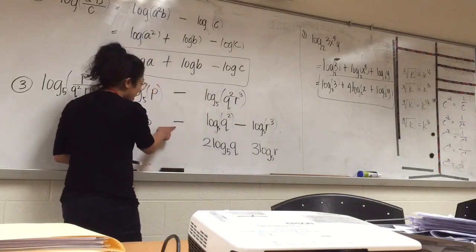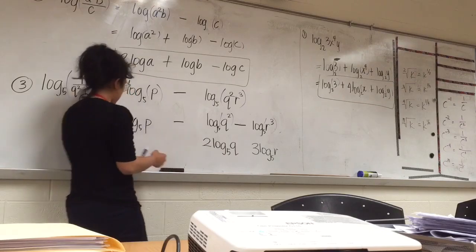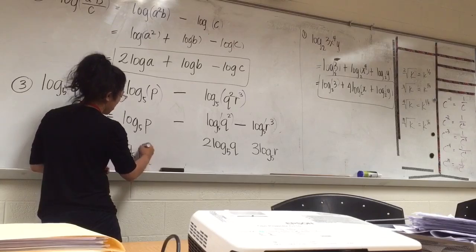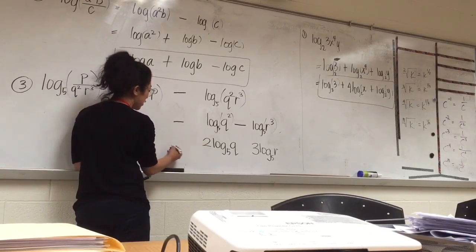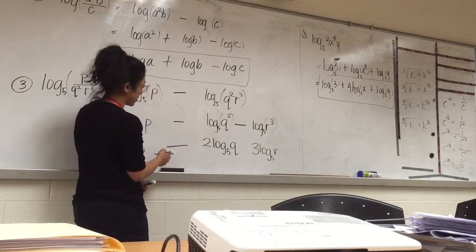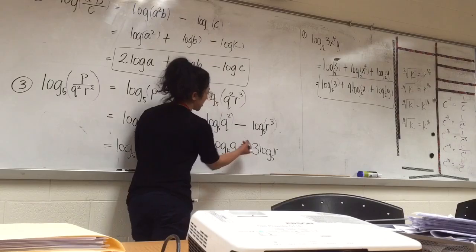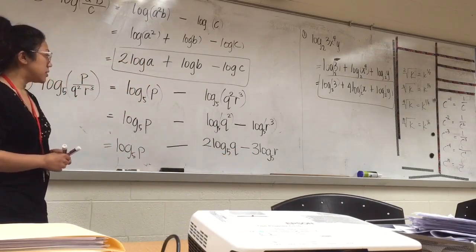Now we subtracted this guy. Does the subtraction sign change here? No, so pretty much nothing really changes. Log base 5 of P, we don't change that. We don't have to distribute this negative sign, there's only one.